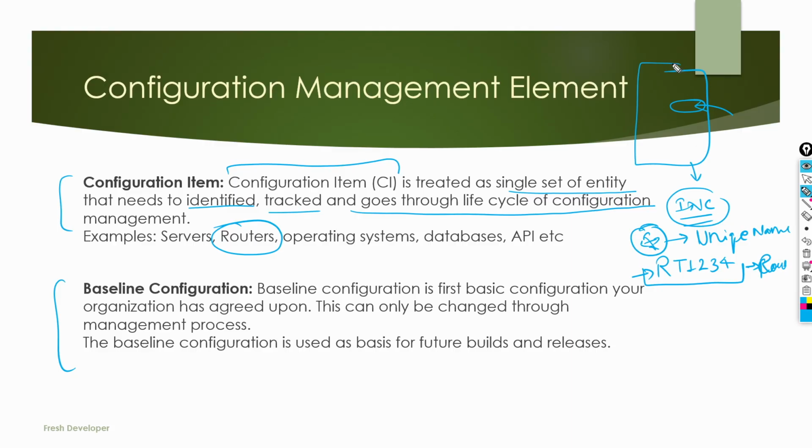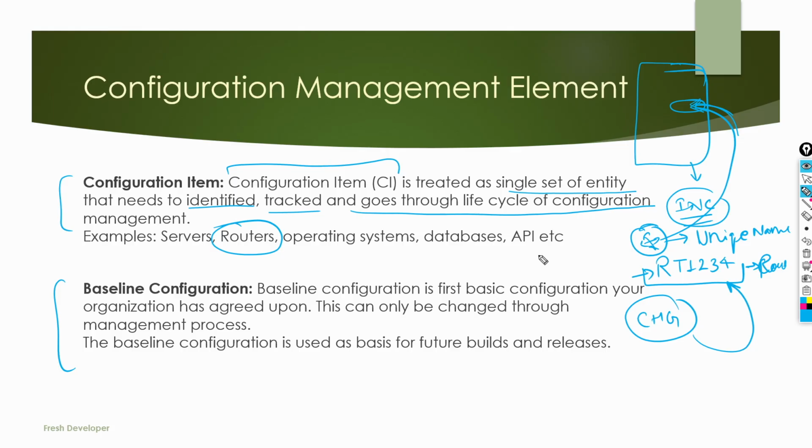Every time we are working, we will keep a record and reference that we are working on that router for this incident. Same as that, if there are configuration changes happening on that, we will always reference or attach it to the configuration item where we are working.